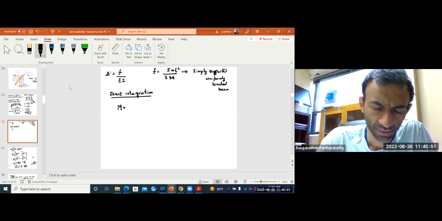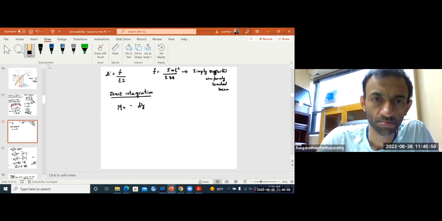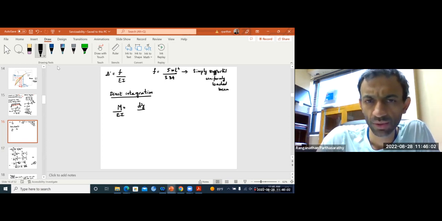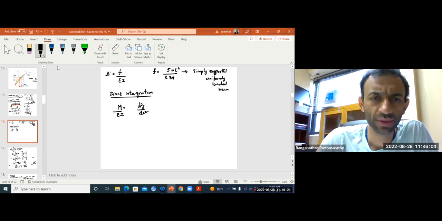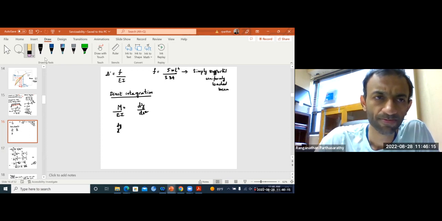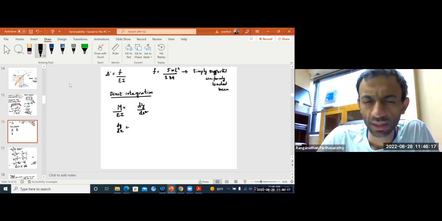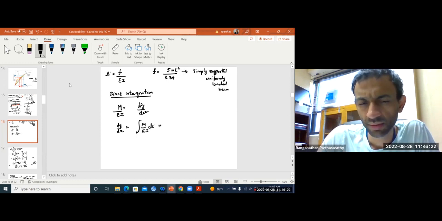For this, we just go from the formula. M is EI d square y, or M over EI is d square y by dx square. So you integrate this first, you will get dy by dx is integral of M by EI dx plus some constant.